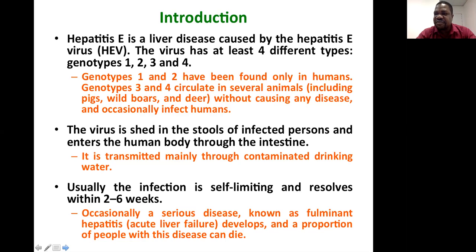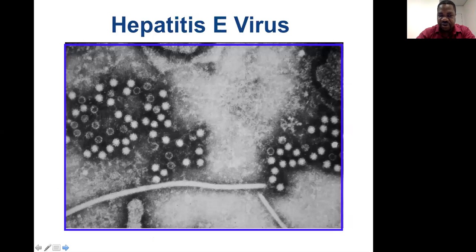So it's only occasionally that it can cause serious disease that we call fulminant hepatitis. That is acute. It can cause an acute liver failure that will develop. And those are then the people who might be admitted, and sometimes they die from this infection.